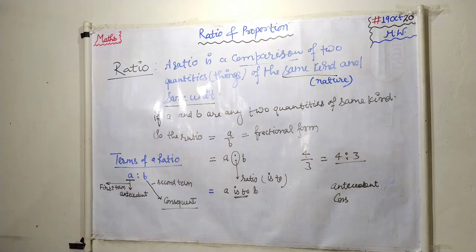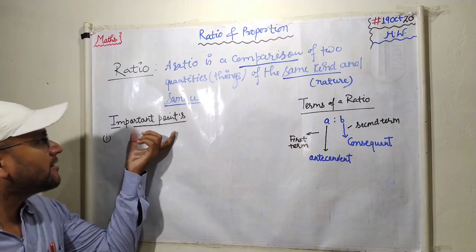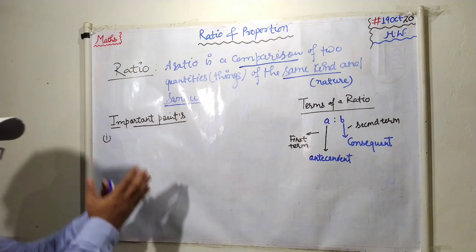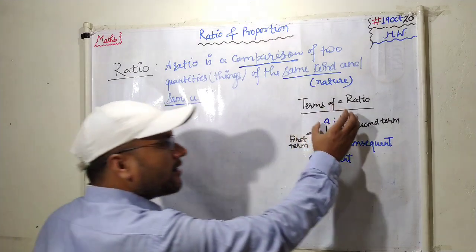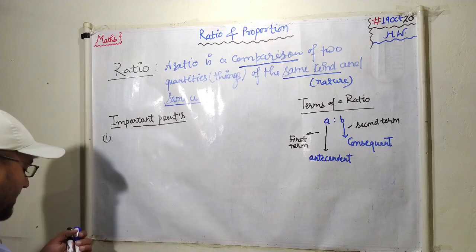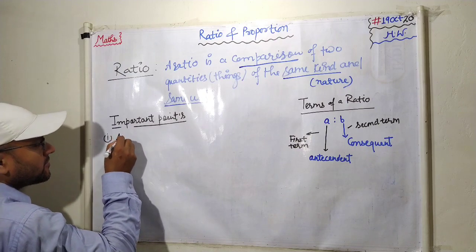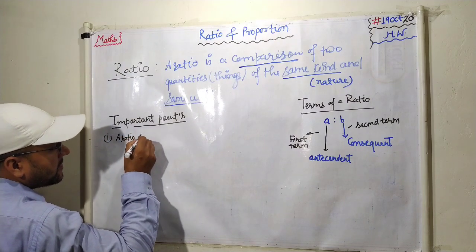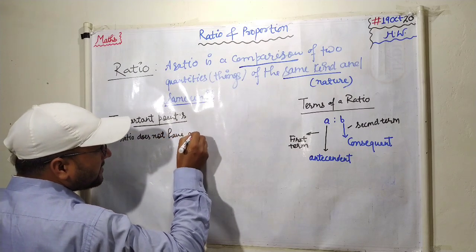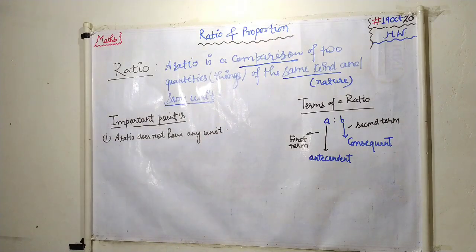The first point is, when you are comparing quantities and you have written them in the form of a ratio, a ratio does not have any unit.